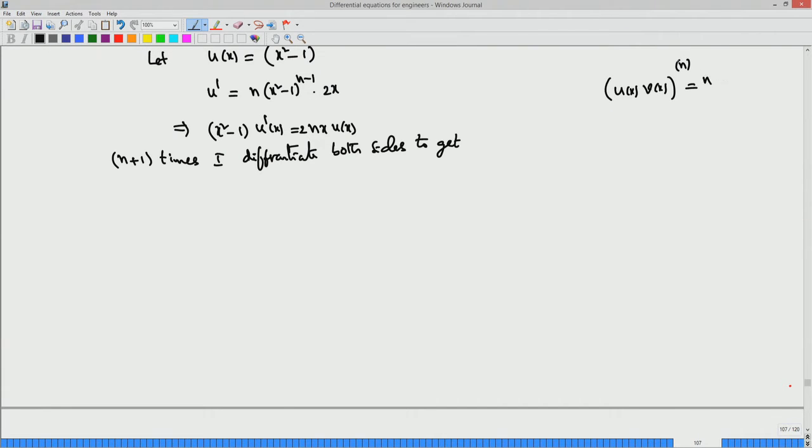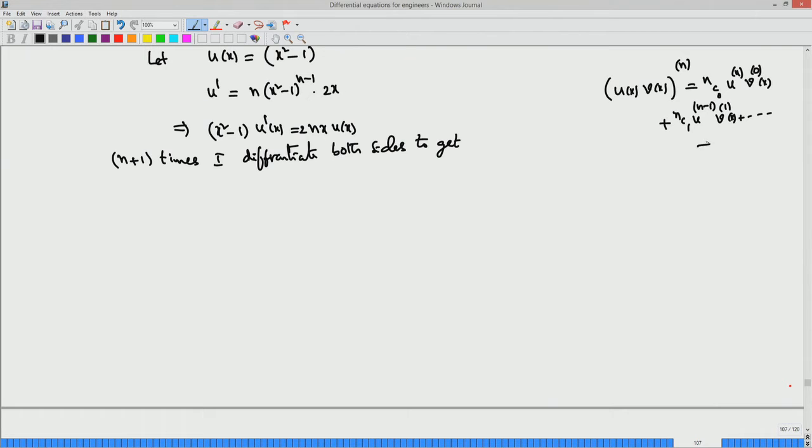If I write this, the n-th derivative is nC0 u^(n) v, with 0 derivatives of v, plus nC1 u^(n−1) v', the first derivative of v.